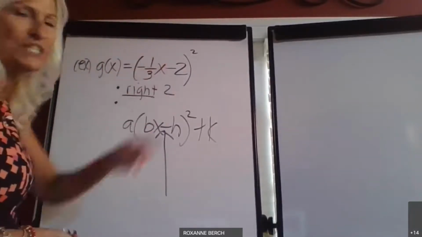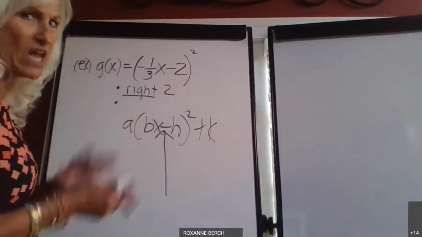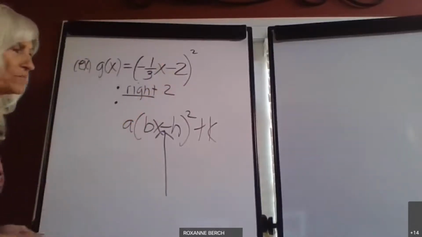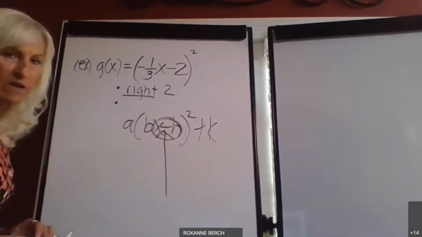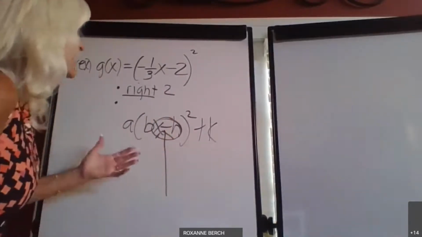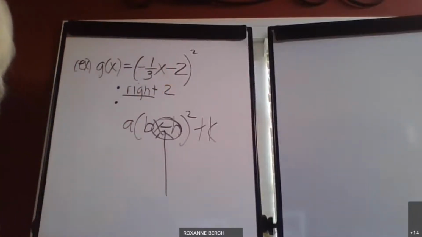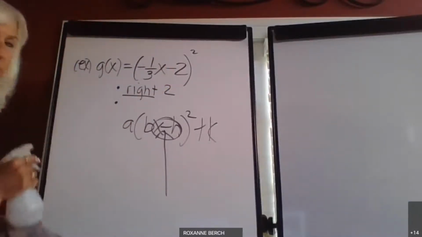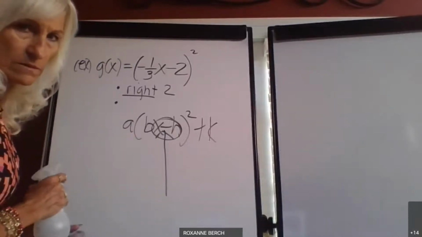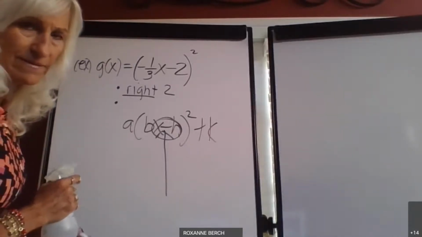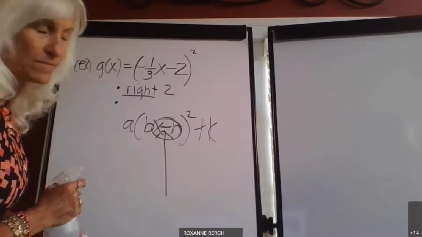This is not left 2. It's right 2. That's all I'm saying: the form has a negative in it, so that's not a negative 2. It's right 2. That's all I'm saying. Right? Yeah.